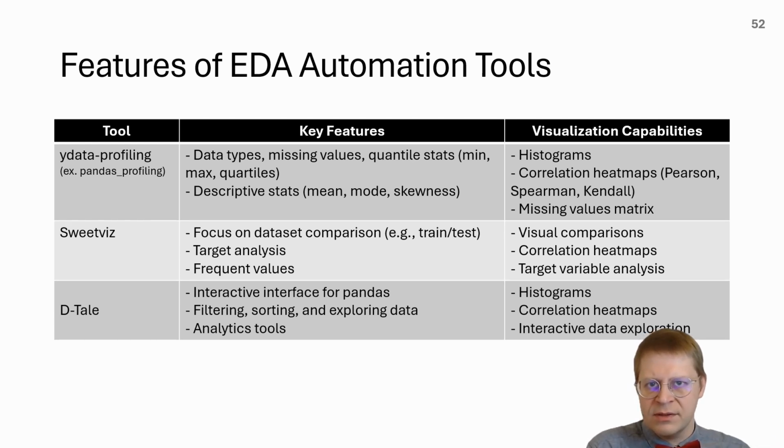Sweetviz is particularly strong when comparing datasets, such as train and test splits, and offers target analysis along with visual comparisons. And dtale, on the other hand, offers an interactive interface for in-depth data exploration, complete with filtering and sorting functionalities. Each tool has its unique strengths, and choosing the right one depends on your specific analysis needs.